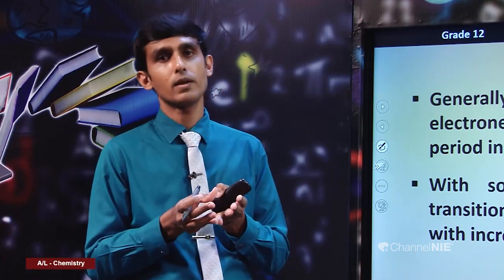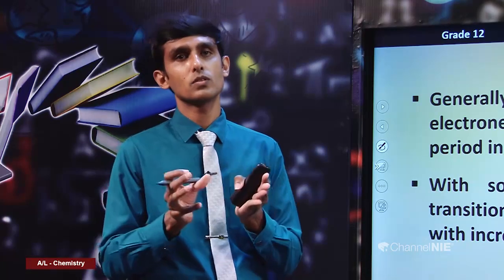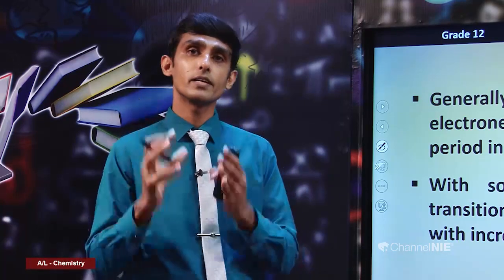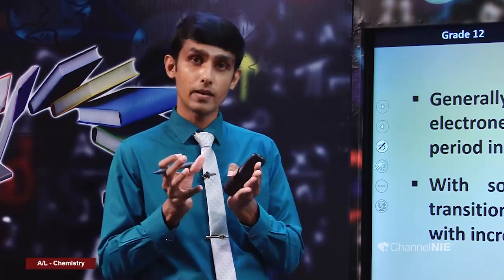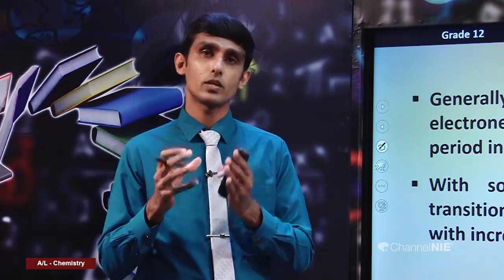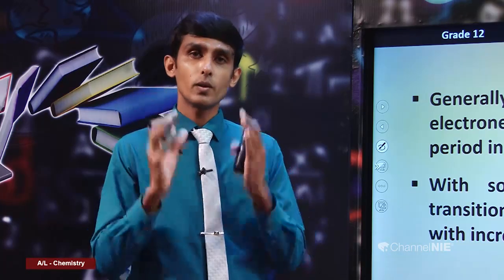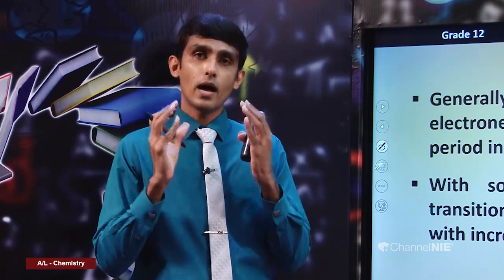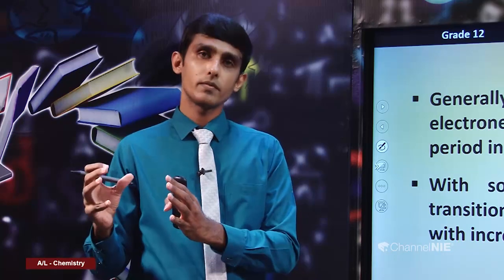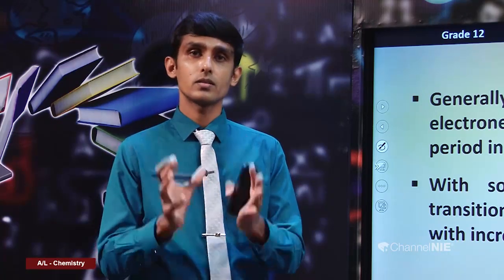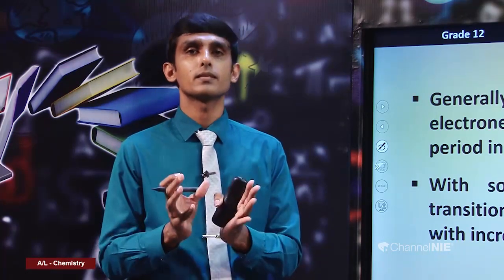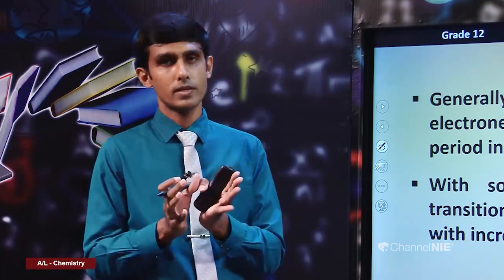But in our syllabus, we do not consider the variation of the electronegativity values of the noble gases. What you need to understand is that noble gases also have non-zero electronegativities. That is enough for your study.